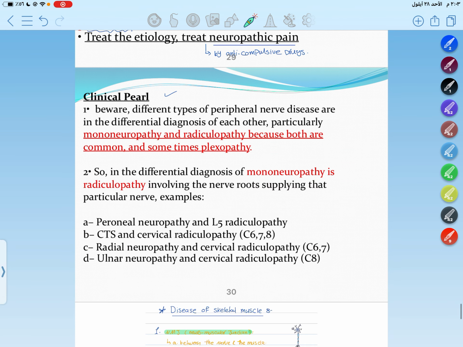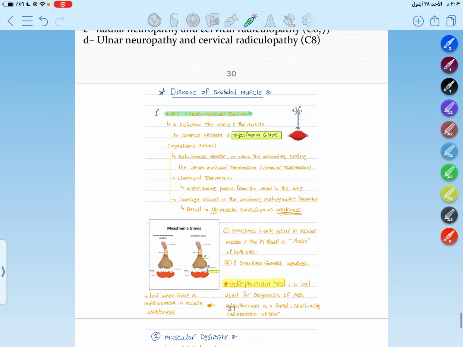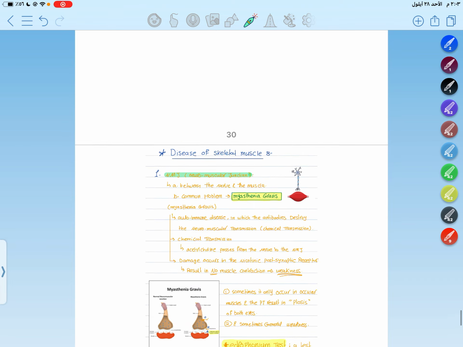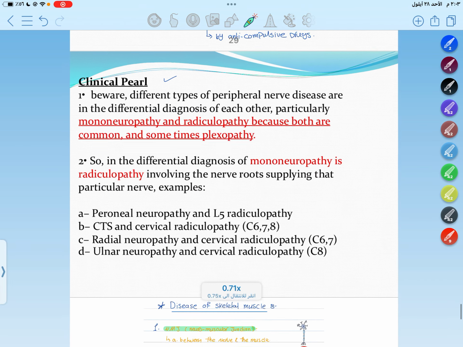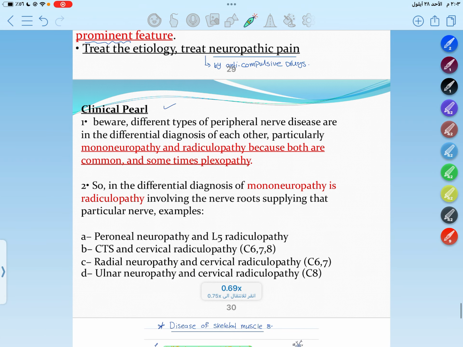So, conclusion, you have to be very aware of the different types of peripheral nervous system disease, like mononeuropathy, radiculopathy, or plexopathy.